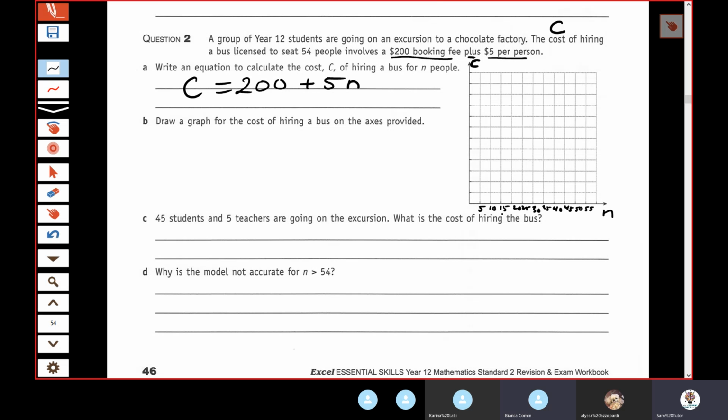And then it starts off at 200 and then goes up by $5. So 205, 210, 220, and so on. So let's start off with 200, and then I think we'll just do 205. Well, it's going to be really messy because it's only $5.